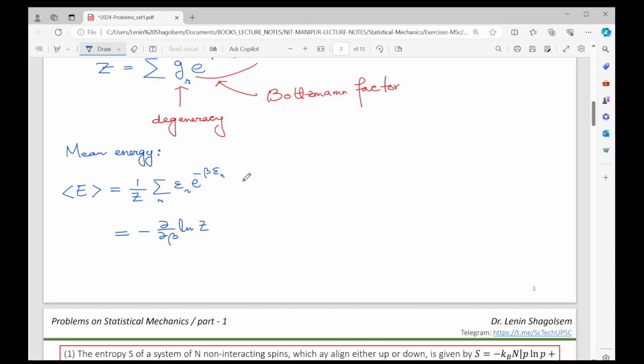So the whole thing here, this expression of mean energy, can also incorporate the degeneracy. We just have to use the appropriate expression for the degeneracy, but here I have written it for the non-degenerate case.